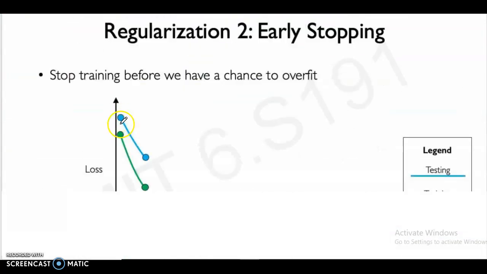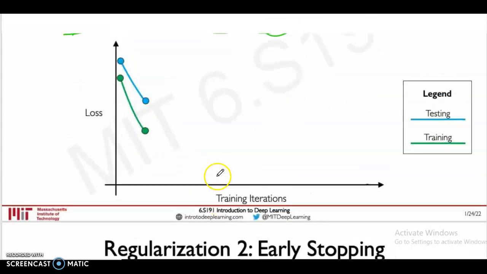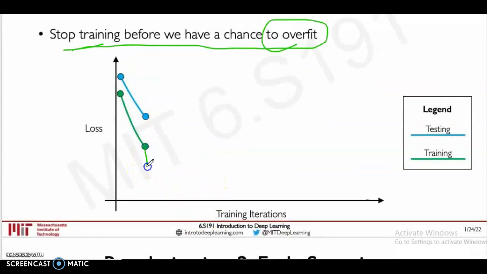Initially the loss is high, and as the iterations increase, the loss reduces.